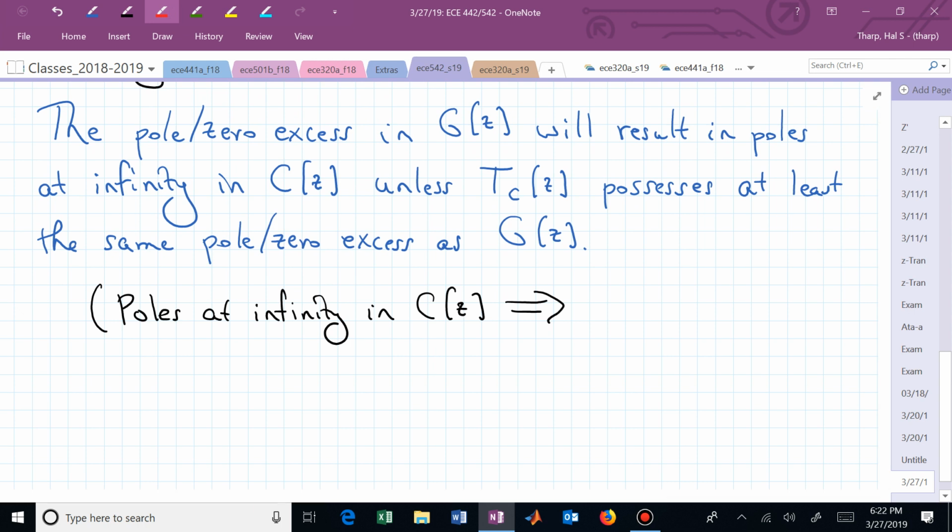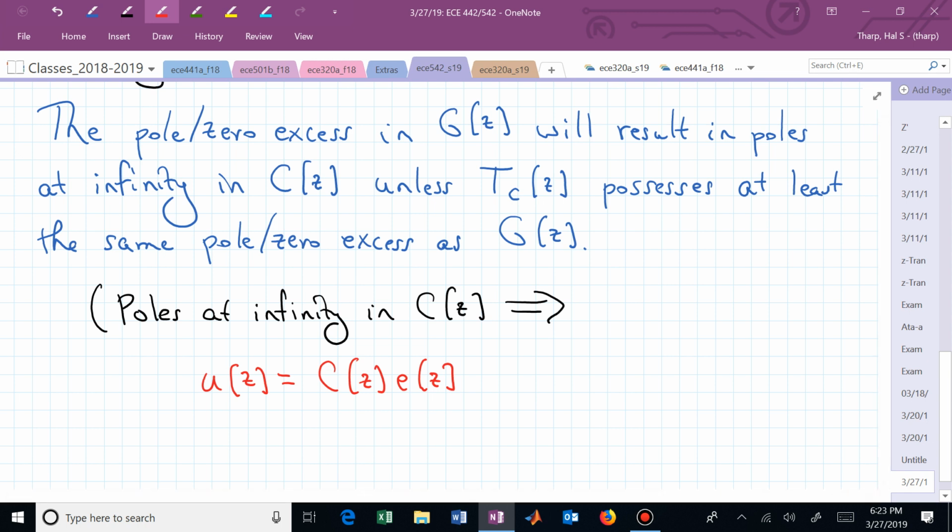Suppose that we now said something like the following. The input to the plant, U of z, is going to be C of z times E of z. That's what's happening in our block diagram.